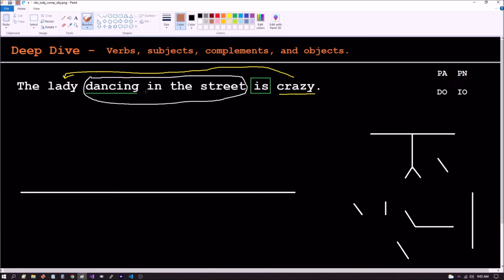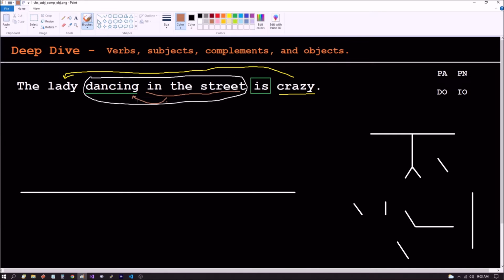So in the street is a prepositional phrase, like I just said. Well, dancing is a gerund. It is a verb, like I said, but it's acting as a noun. It's not working as a verb in this particular clause. So in the street is actually modifying dancing. Where are they dancing? In the street.